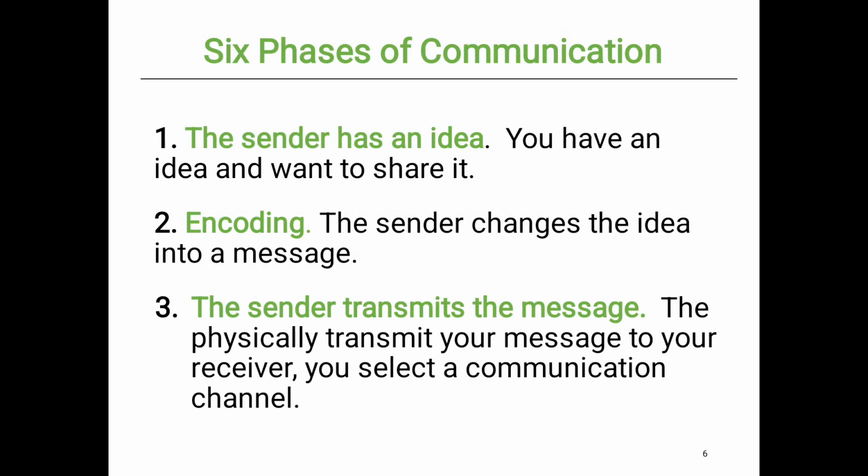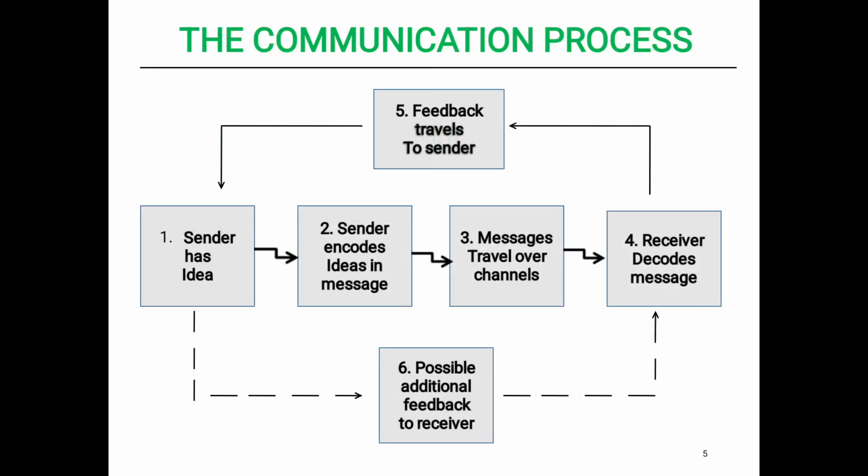Then step 4. Step 4 is the last essential step of the communication process. Here we have the second person who is considered the receiver, the person who is willing to receive the message sent by the sender, and after receiving, the receiver tries to decode or understand that message.